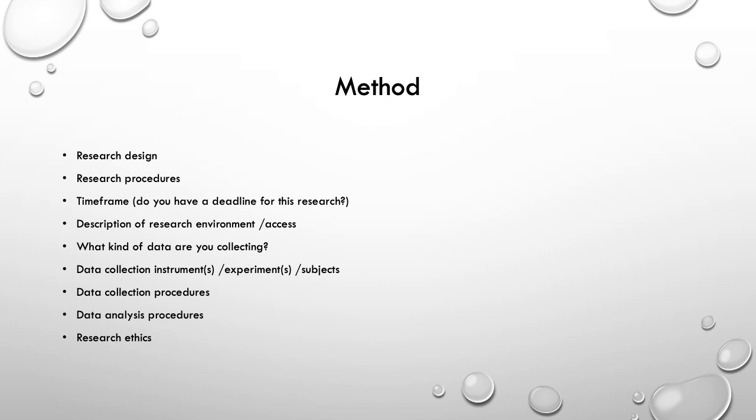If you're going to conduct the research at home, then the research environment will be your home. What kind of data are you collecting? If you're doing a questionnaire research, okay, if you're doing an empirical experiment, okay, if you are simply doing a literature-based research.